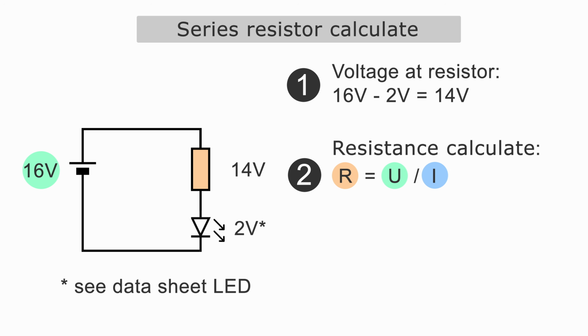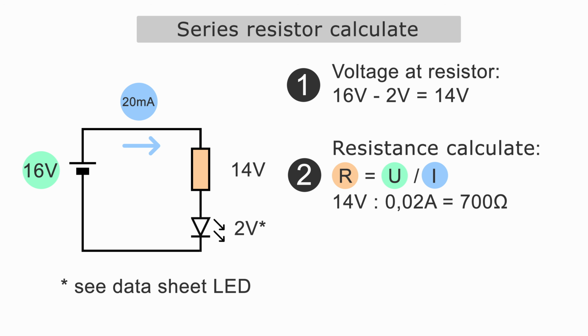Using Ohm's law, R equals U divided by I, we can now easily set any current strength at the LED. For example, 20 milliamps. However, in the equation we have to calculate in amps, this means 0.02 amps. We calculate 14 volts divided by 0.02 amperes equals 700 ohms.